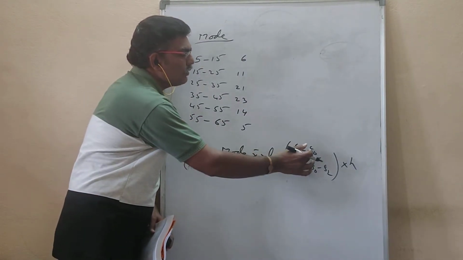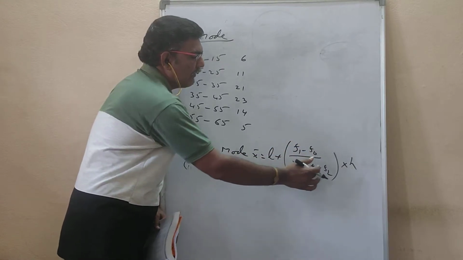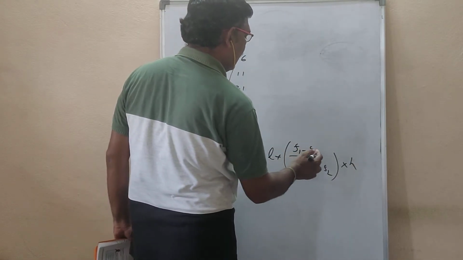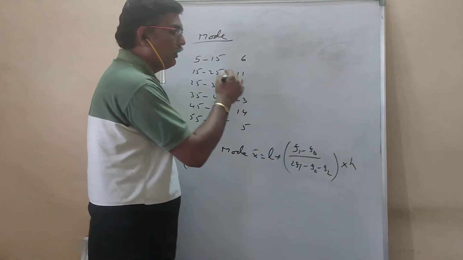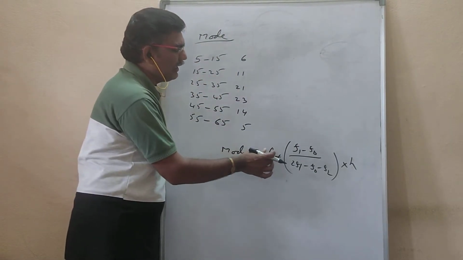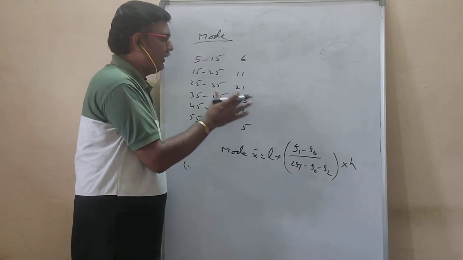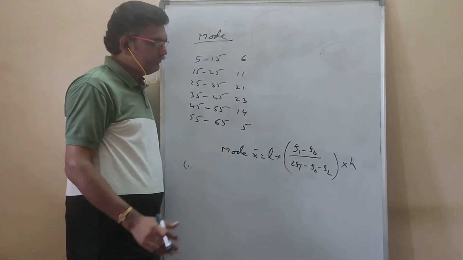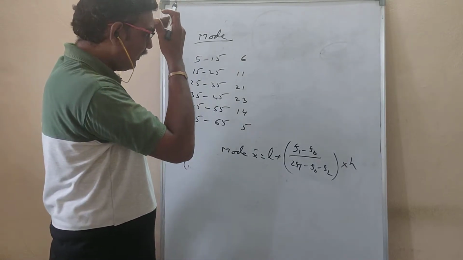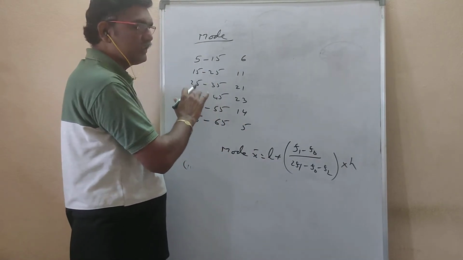The values of F1, F0, F2, H and L we should take from the table itself. We have to collect the L value, F1 value, F0 value, all these values from the table. So L means lower boundary.